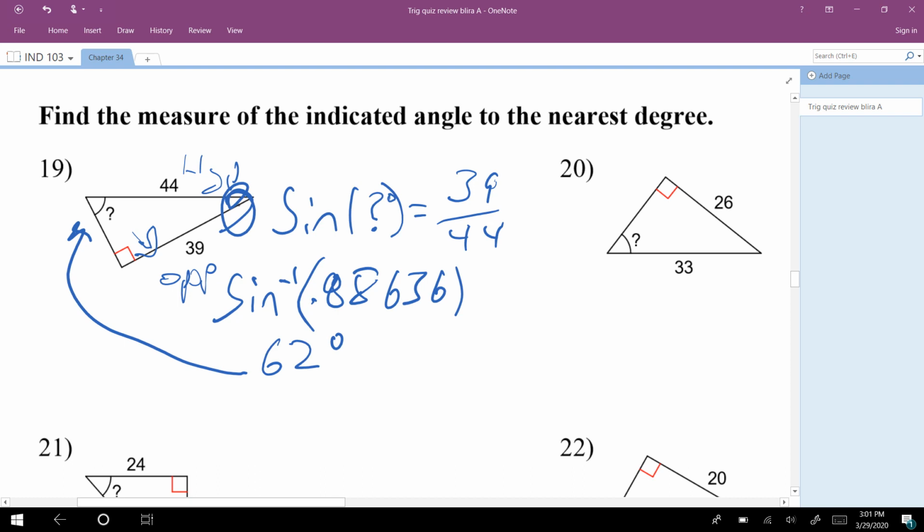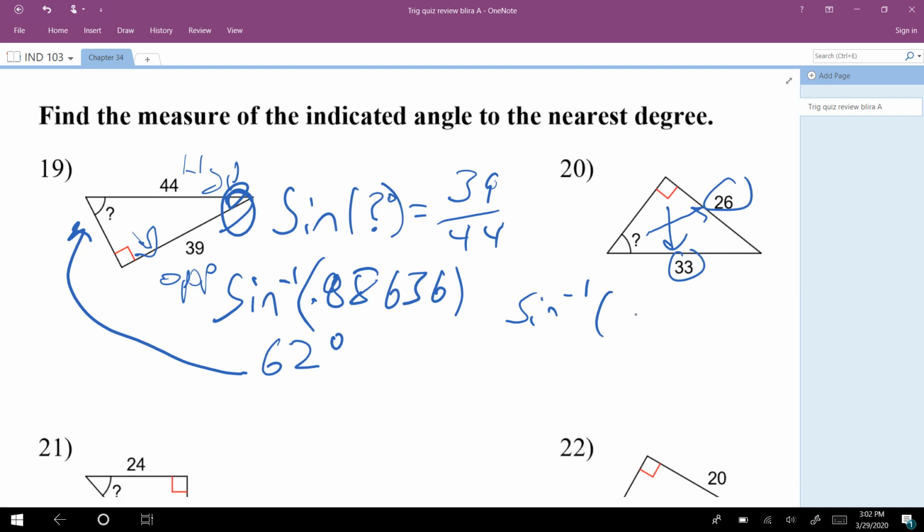All right, again, here I've got this angle. What's opposite of the angle? 26. Opposite of the 90, 33. So the way I put it in my calculator is sine inverse. Because when I'm looking for an angle, I know I'm going to use the arc equivalent of the function.